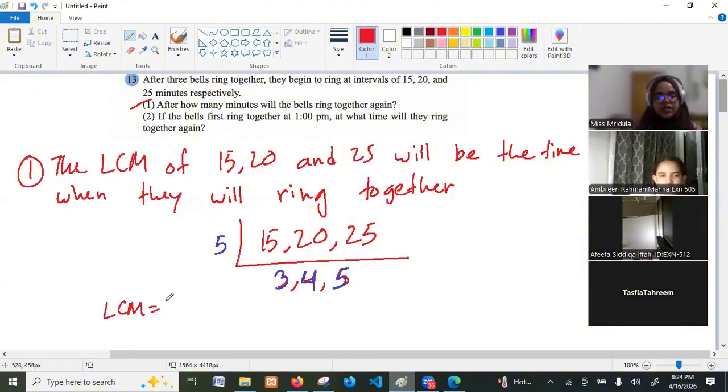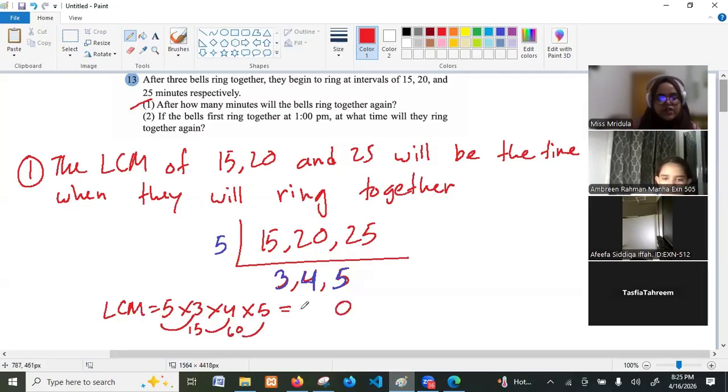So LCM is 5 times 3 times 4 times 5. So 3 5s are 15. 15 times 4 is, did I do something wrong? No, I haven't. Okay, so that will be 60, and 60 times 5 is 300. After 300 what? Minutes.